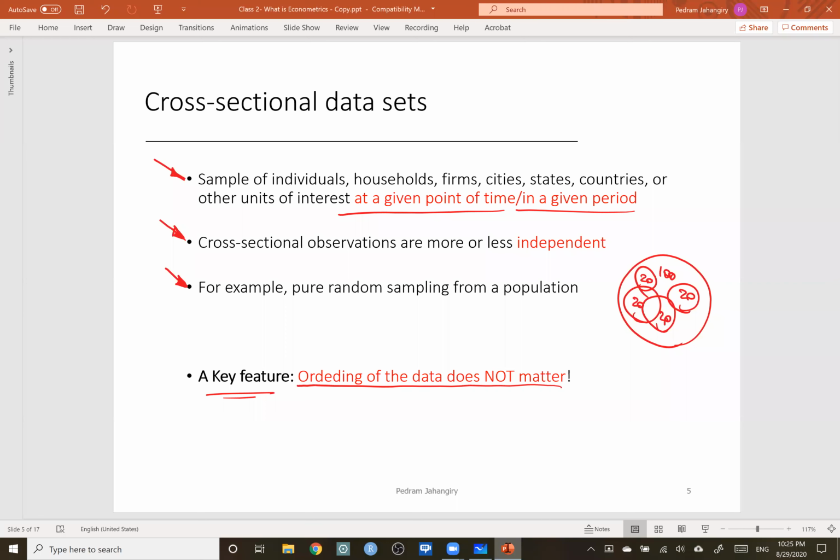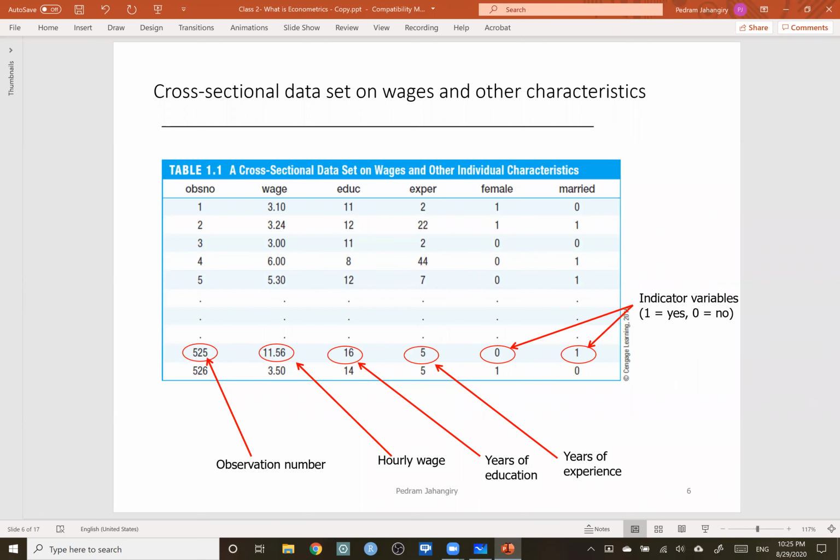All right. Let's look at some examples from the textbook. This is a cross-sectional data set on wages and other characteristics. This is the observation number, and basically it's just a counter, observation number 1, 2, 3, like the student number, right? So for each observation, what are we collecting?